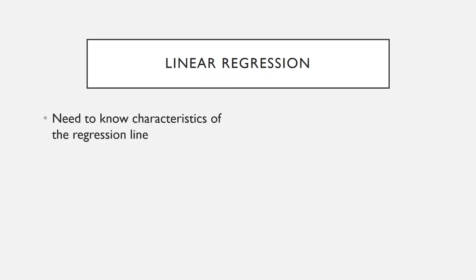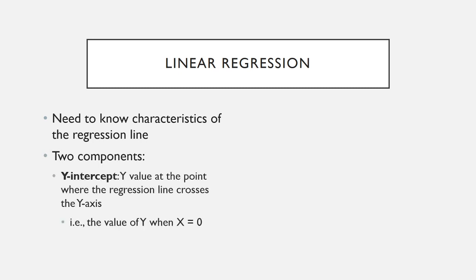So then what you need to do in order to do this analysis is, once the best fit line has been generated, you need to know the basic characteristics of that regression line. And if you remember anything about geometry, likely taking geometry in 7th or 8th grade, so a while ago, the two components of a straight line that help define and characterize everything that you need to know about a straight line.